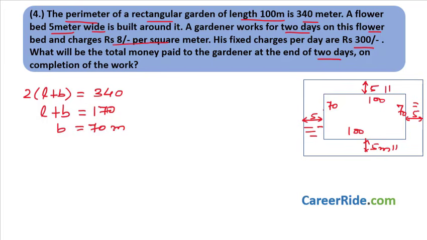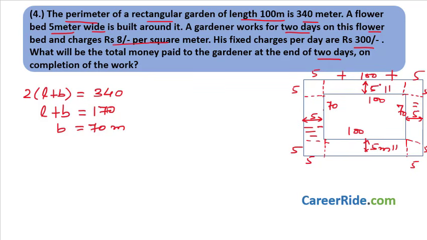Now it is given that the outside rectangle is 5 meters wide. So let's see the picture. If we demarcate it like this, this is 5 meters wide on each side. Now the length of the outside rectangle, how much will it be? 100 plus 5 plus 5.